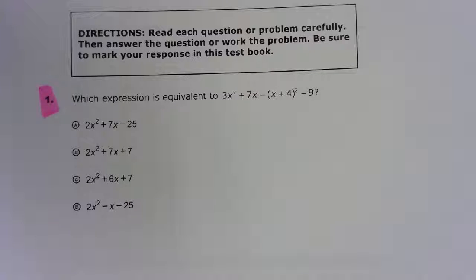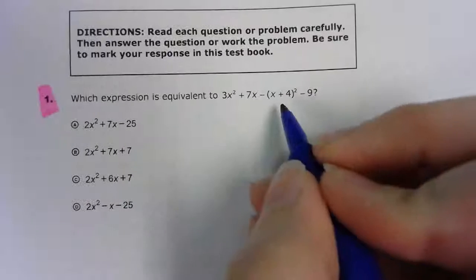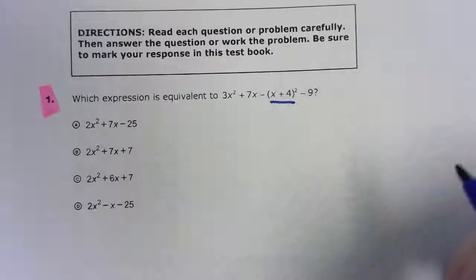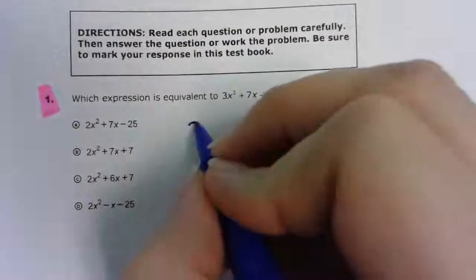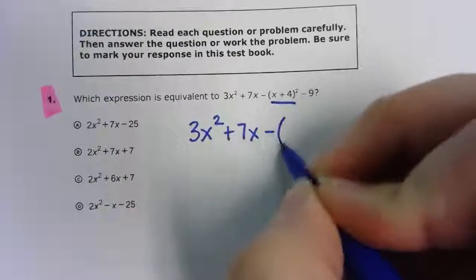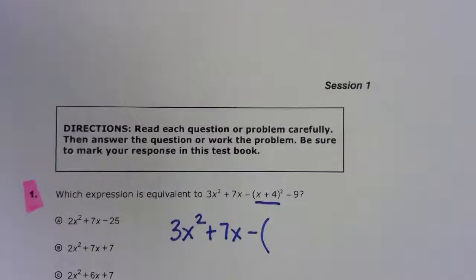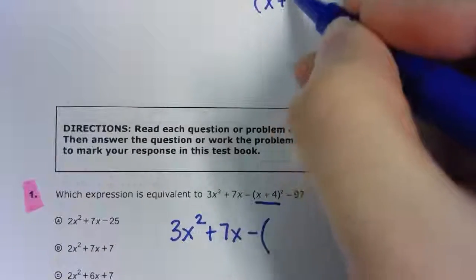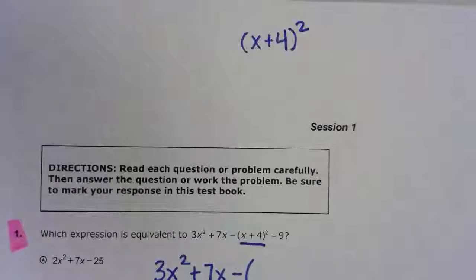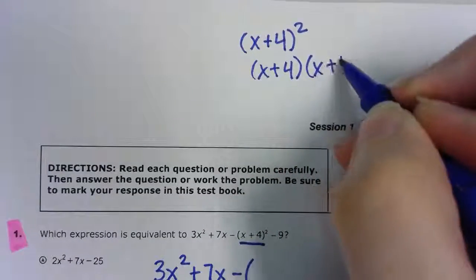It says, which expression is equivalent to 3x squared plus 7x minus (x plus 4) quantity squared minus 9. If I'm going to simplify this, my first thing is to take care of this (x plus 4) squared. So I'm actually going to come up here to the top. (x plus 4) squared is equal to (x plus 4) times (x plus 4).